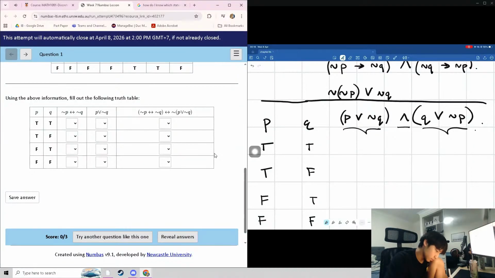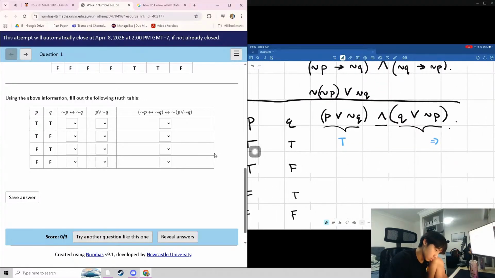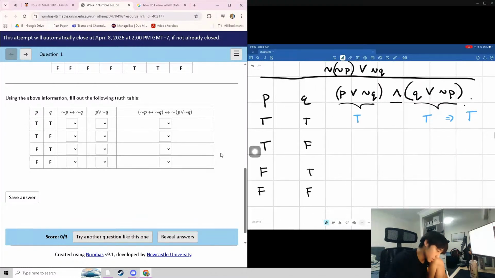If P is true, this part's true, but we need the final part. So is this part true as well? It says Q is true, so this part has to be true. This part is true because P is true. And it says and Q is true or not P is true. And not P is true. So I think this is false.